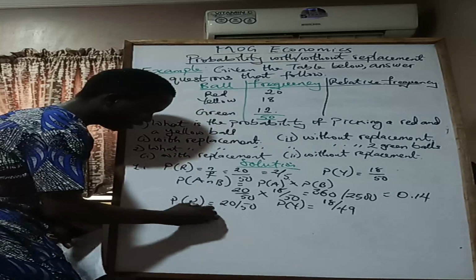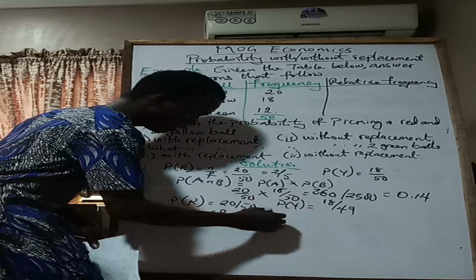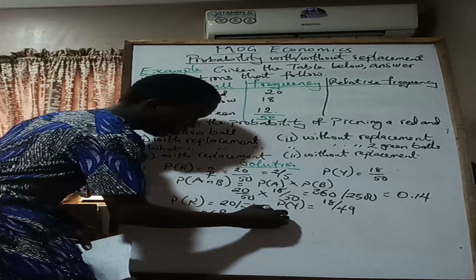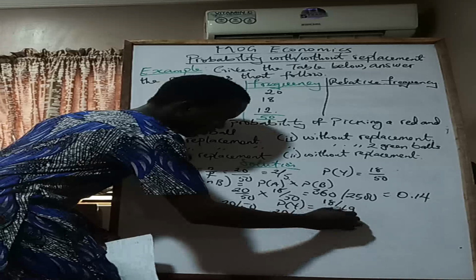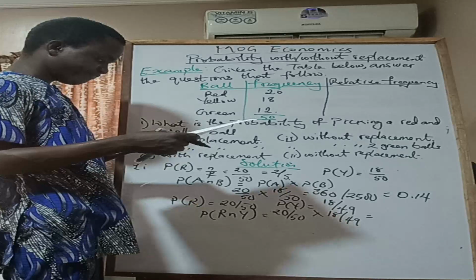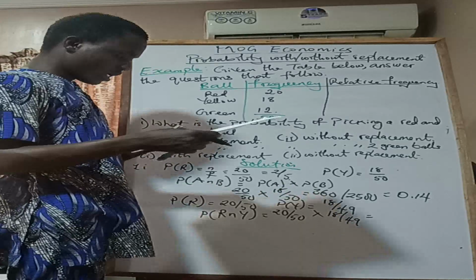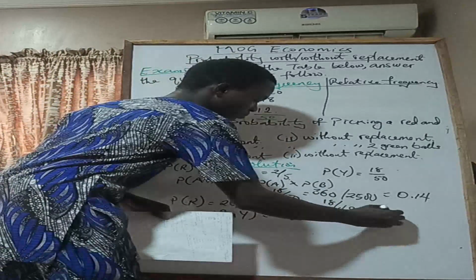So P of R intersection Y equals 20 over 50 multiplied by 18 over 49. By the time you solve that out, we have 360 over 2450, so we're having 0.15.